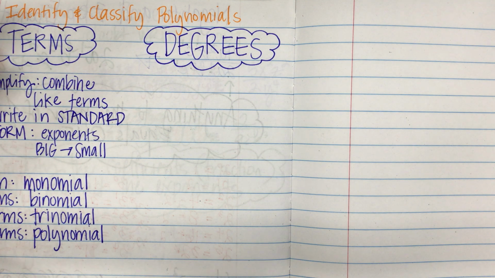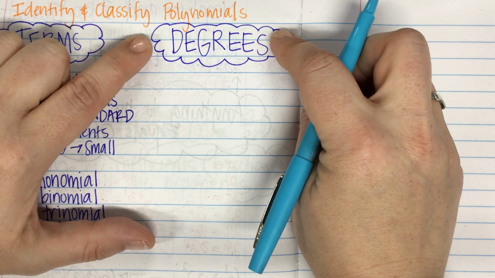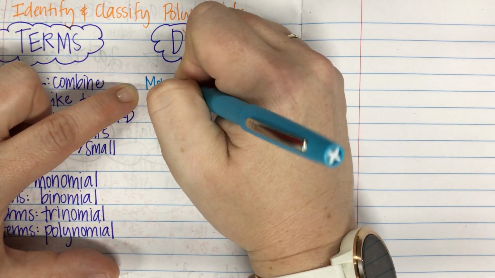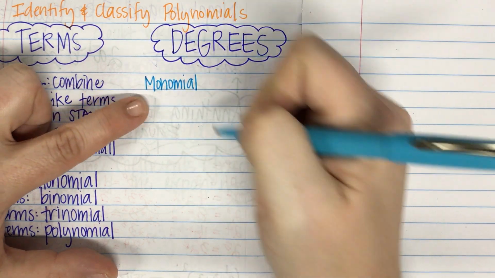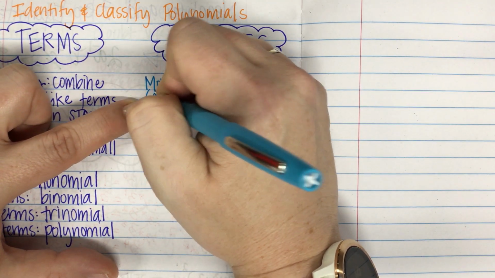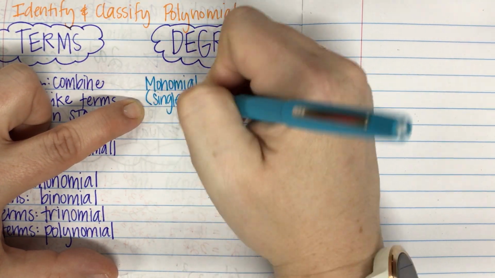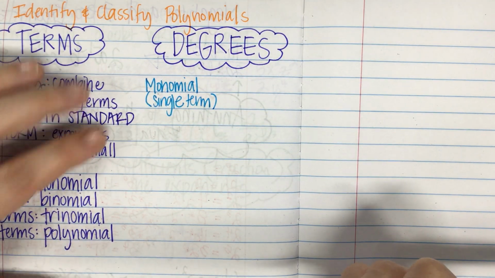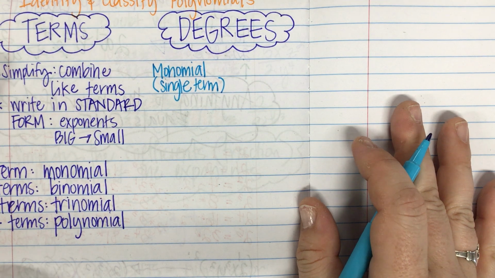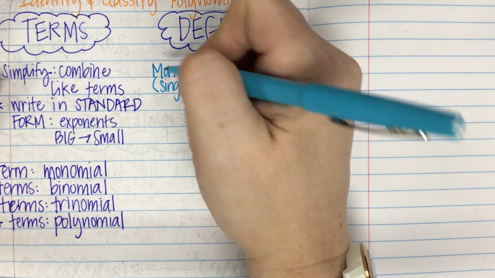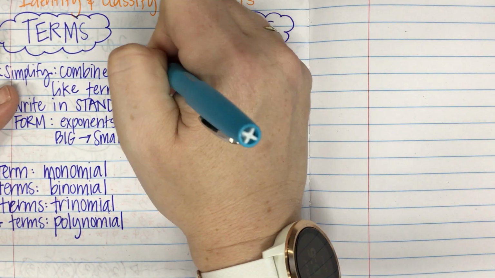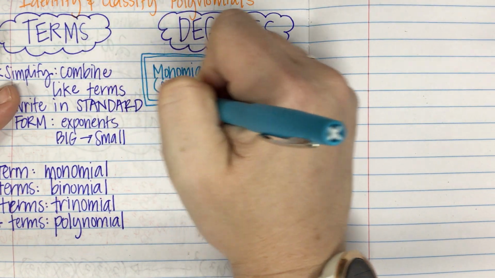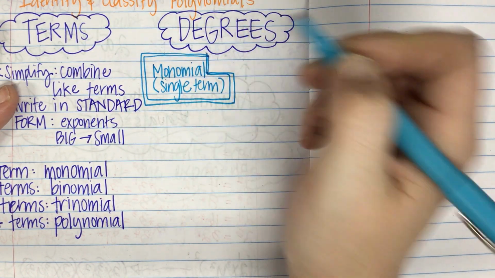So, if you're talking about degrees, if it's a monomial or a single term, we have to look at it individually.